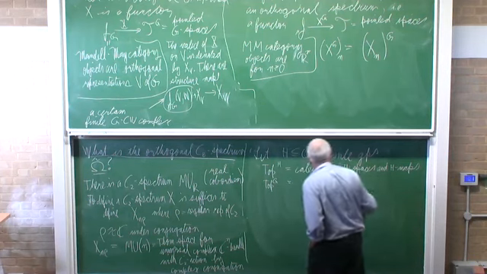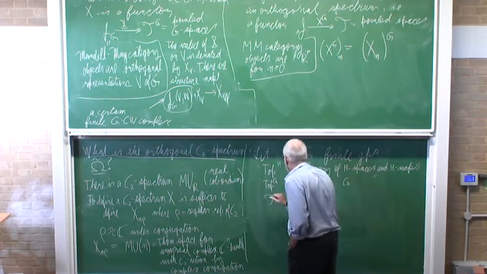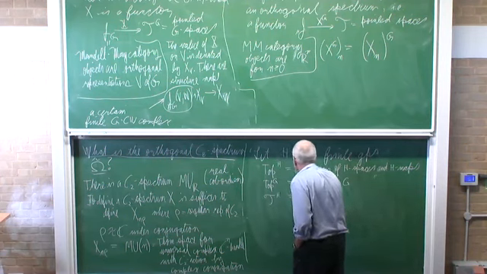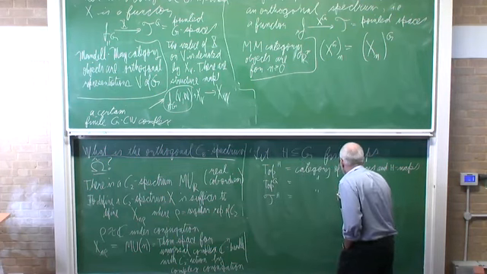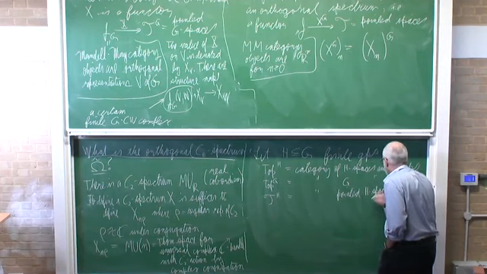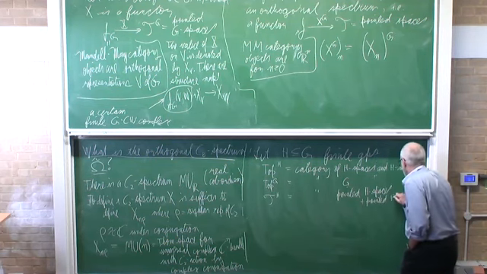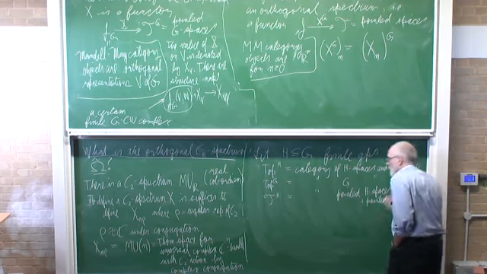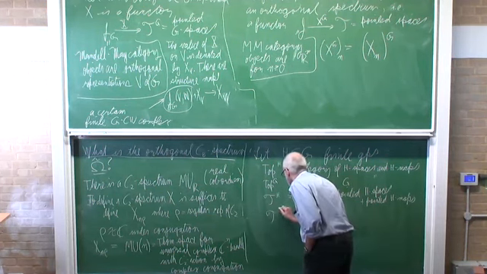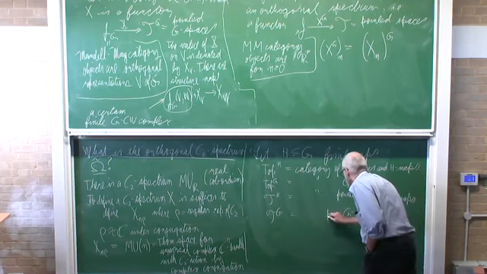Top^G is the same thing for G, and there's also pointed analogs. T^H stands for the category of pointed H spaces and pointed H maps, and T^G is the same thing for pointed G spaces.